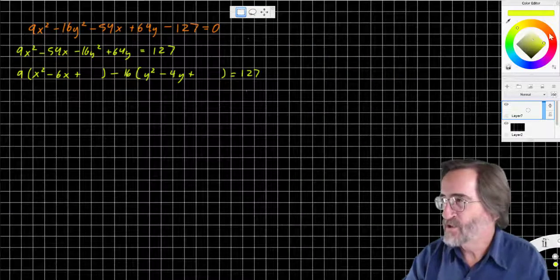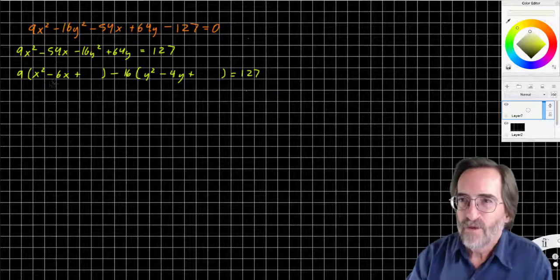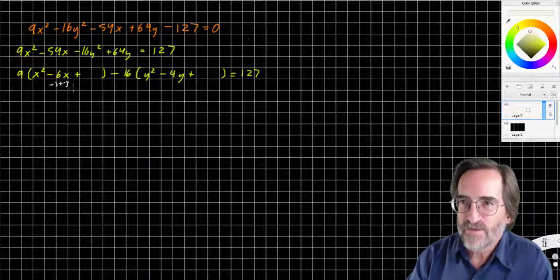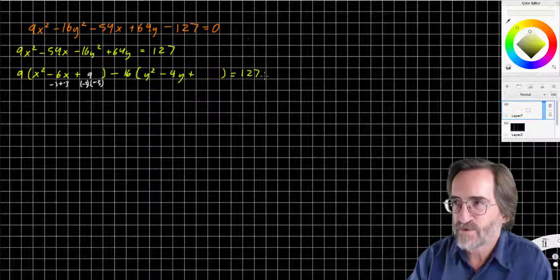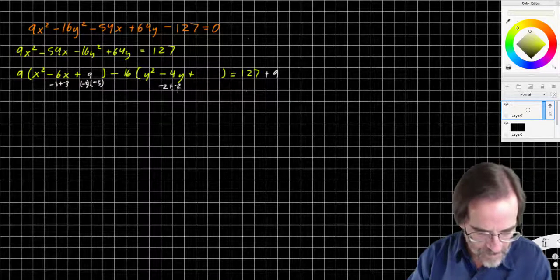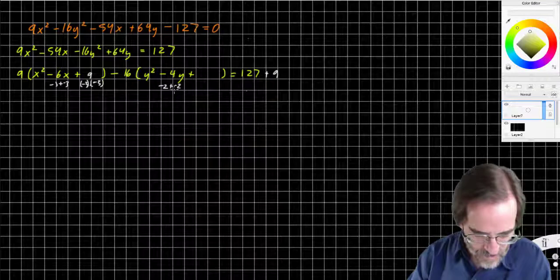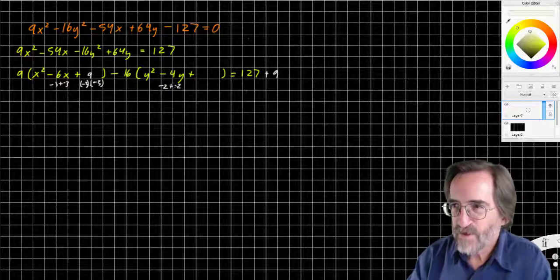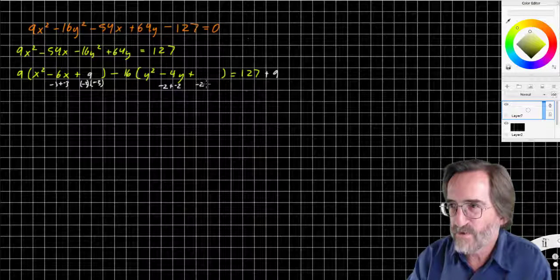All right, so let's see what we add. Well, negative 3 plus negative 3 is negative 6, so negative 3 times negative 3 is 9. So I'm going to add 9 to both sides of the equation. Negative 2 plus negative 2 is negative 4, so negative 2 times negative 2 is 4.